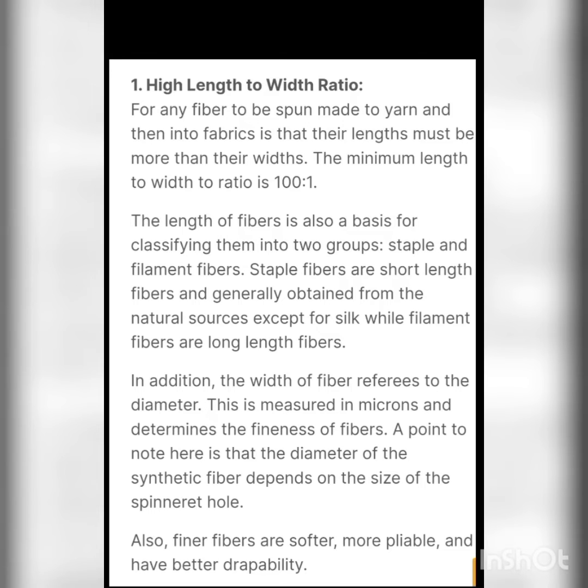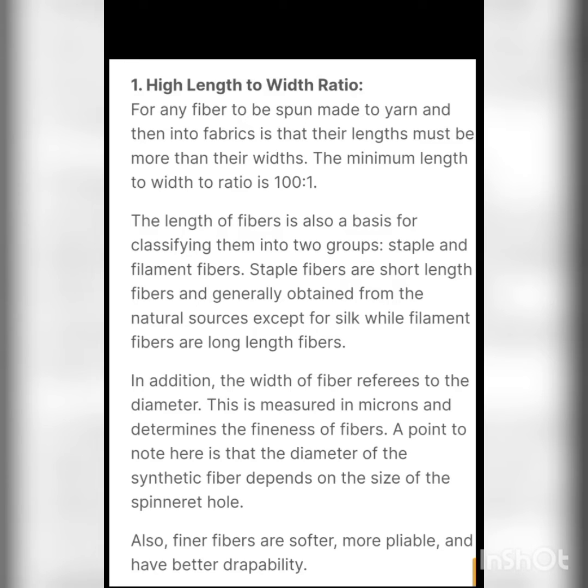The length of the fiber is also the basis for classifying them into staple or filament yarns. Staple fibers are short length fibers generally obtained from natural sources like cotton, wool. Silk is not a staple fiber. Silk is a filament fiber because the length of the fiber is long.